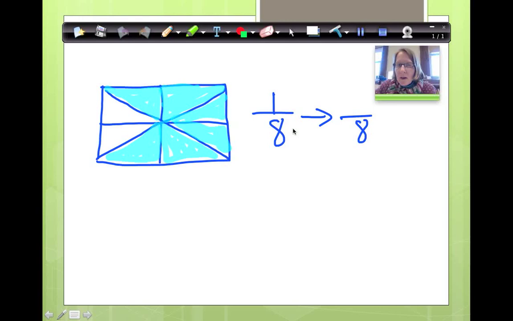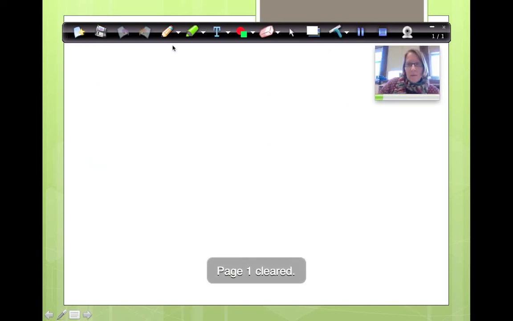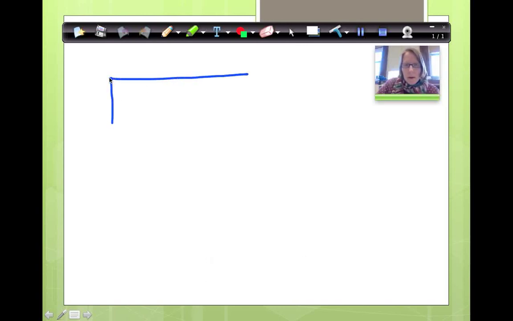Okay? One more time. One more time. And then I'm going to set you to do your homework. Here's a bar, and it's divided into parts. It's partitioned. What is it divided into? 1, 2, 3, 4. So we would write 4 parts here, which would be 4ths. Okay?